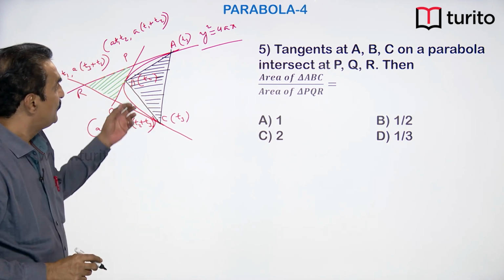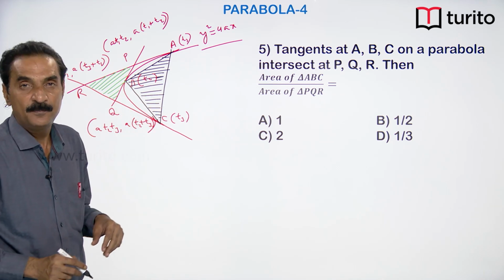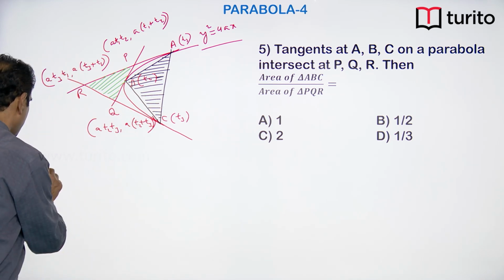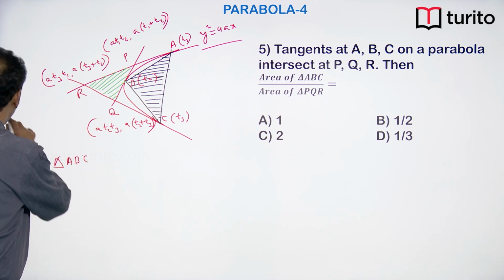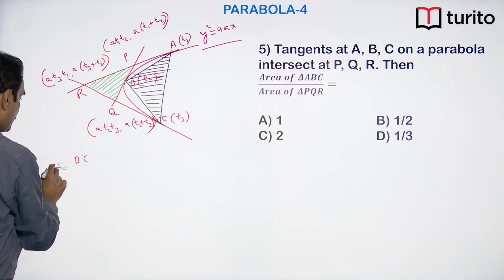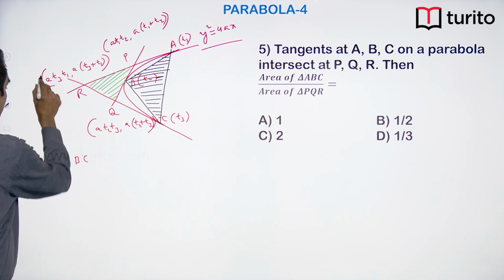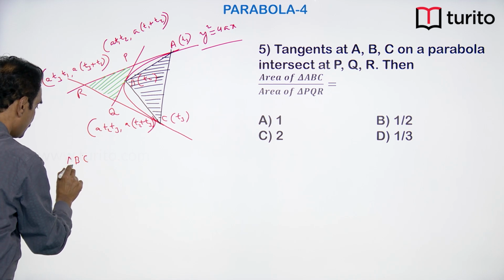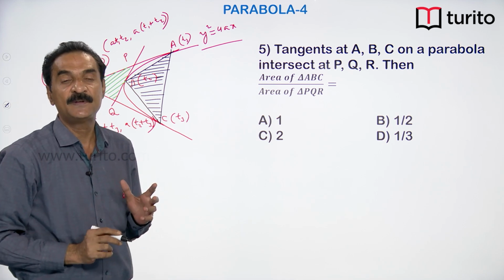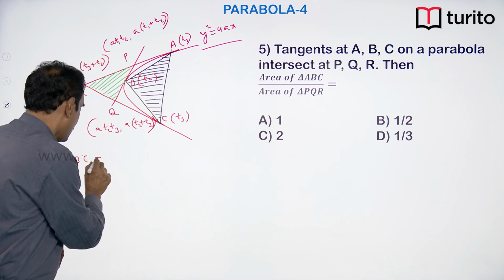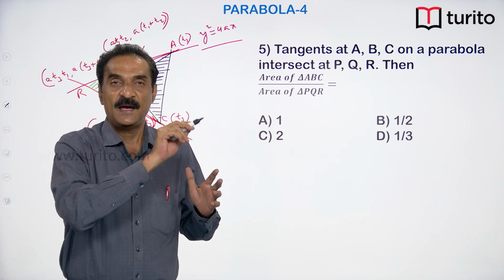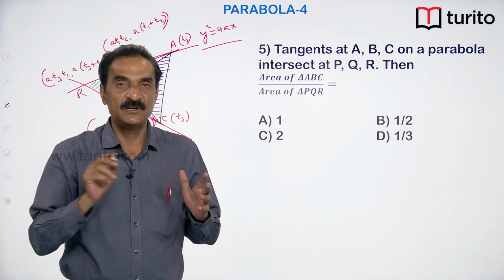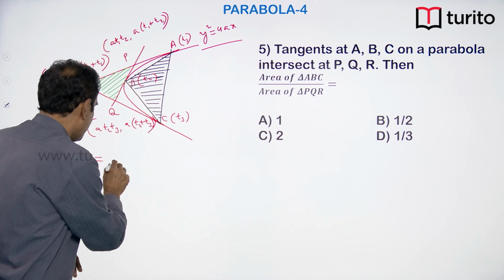Now, let us calculate the area of the triangle ABC. I will write the area as delta ABC. What is the formula for the area of a triangle? Half into the determinant of x1 y1 1, x2 y2 1, x3 y3 1.